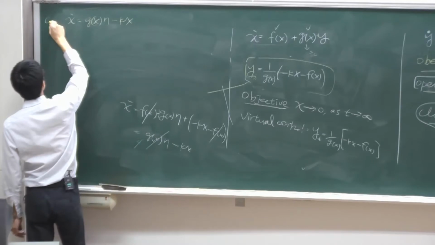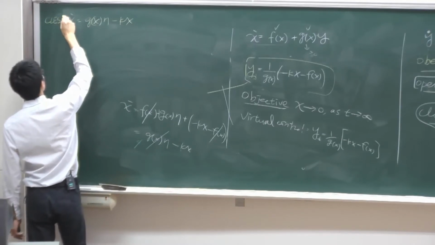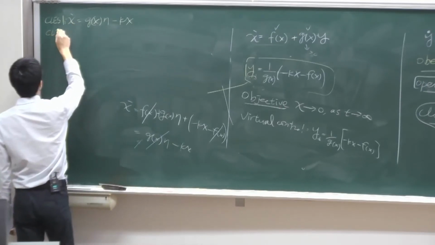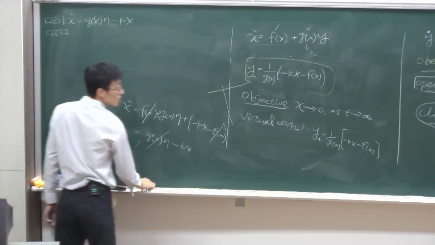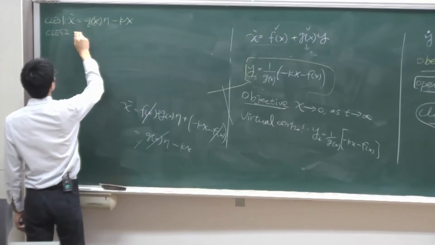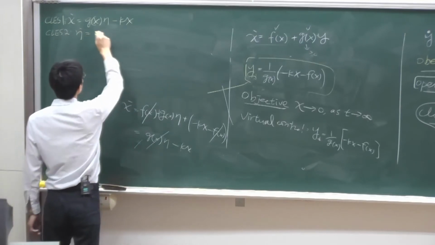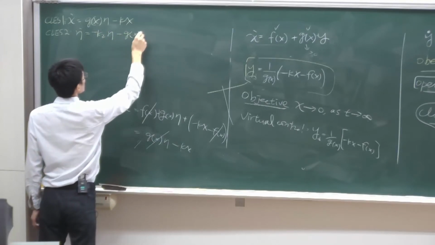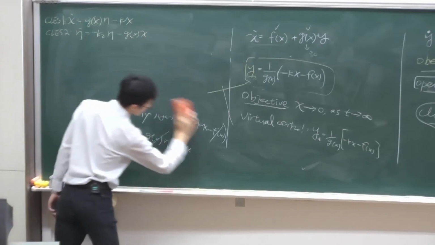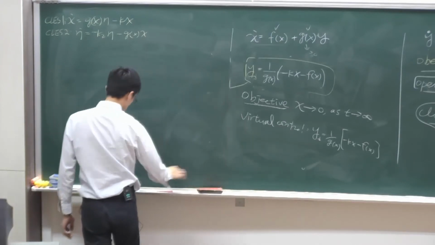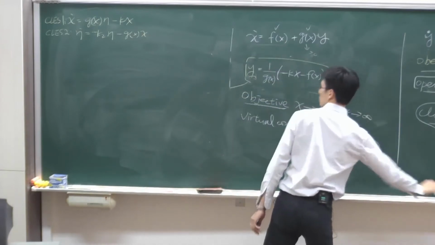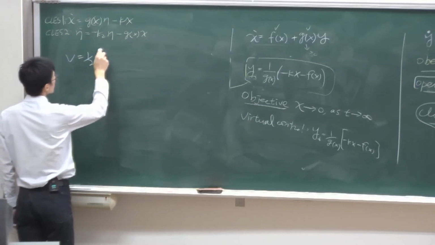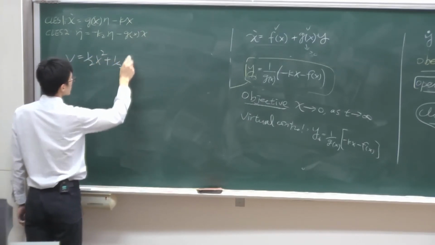The closed loop system, the first system, and the closed loop system, the second system, which is eta dot equal to minus k2 eta minus gx x. Then I can erase this, and let's do the Lyapunov function analysis, which is v equal to half eta squared.